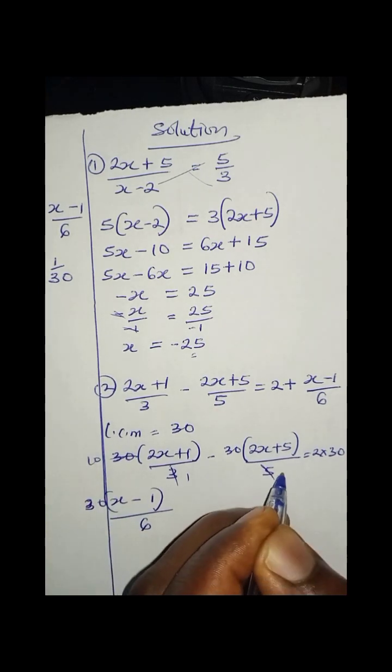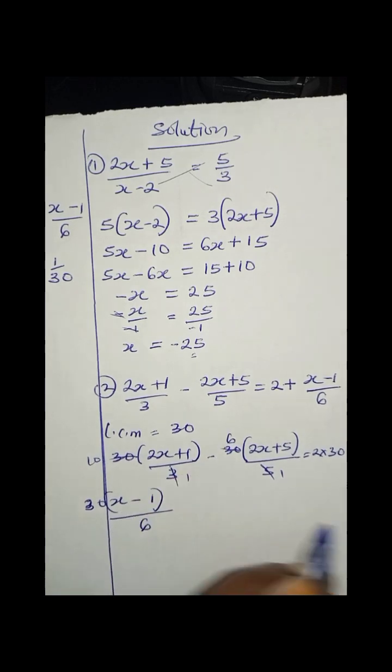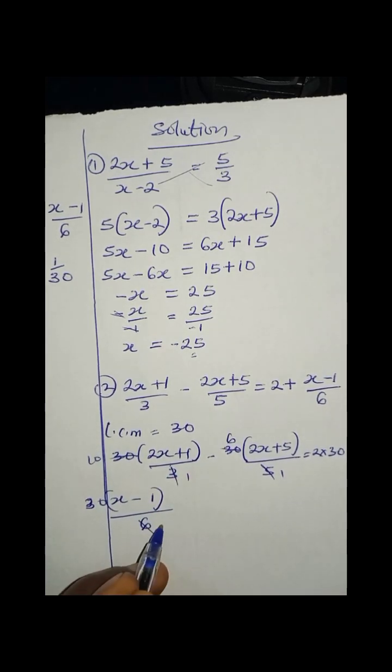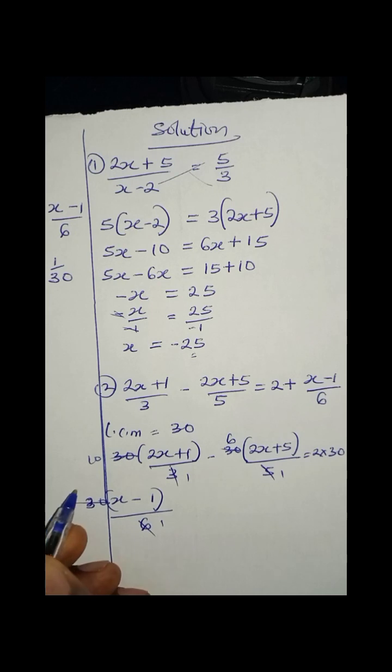Then 5 goes in 5 once, 5 goes in 30, 6 times. 6 goes in 6 once, and 6 goes in 30, 5 times.